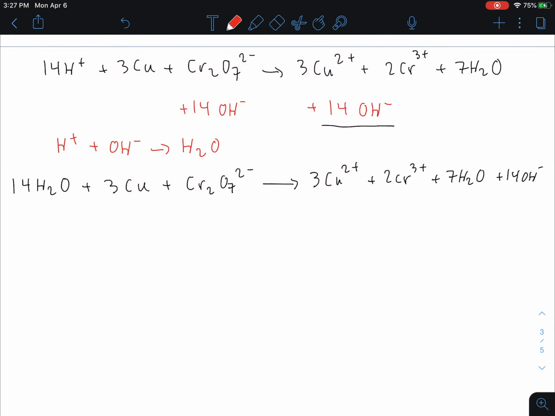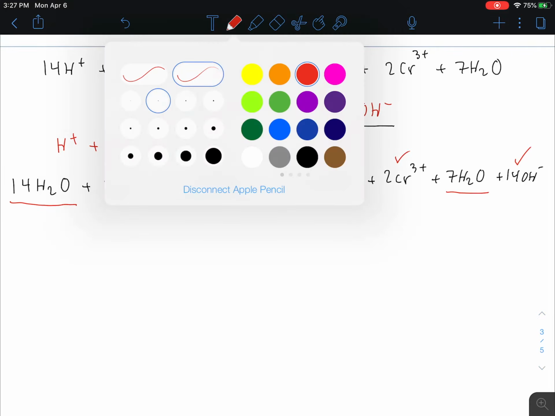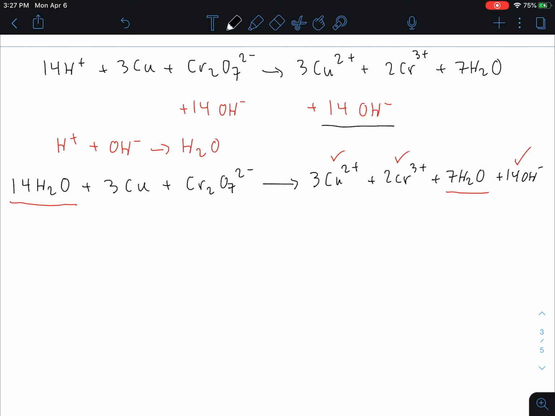On the right side, the copper, the chromium, and the hydroxide are going to stay. But you see now there's 7 waters on the right and 14 waters on the left. So we can simplify. 14 minus 7 is 7.